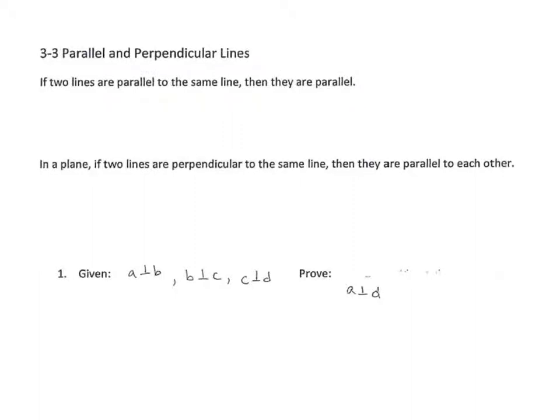Okay, this lesson's about relationships among parallel and perpendicular lines if you have more than two. If two lines are parallel to the same line, so let's say we have this line and it's parallel to the red line, and then the blue line is also parallel to the red line, that would make the blue line parallel to the black line.